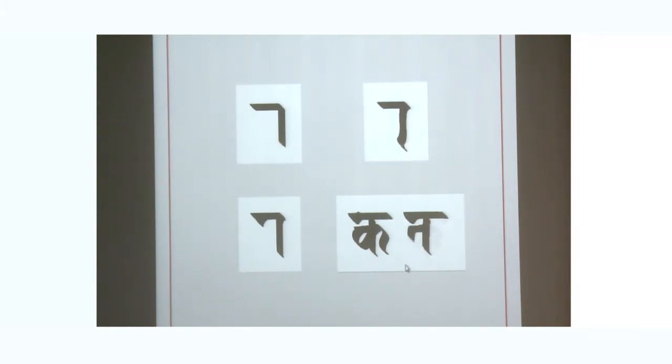Horizontal, it covers this blank space, just filled up with this knot. So they balance the character.